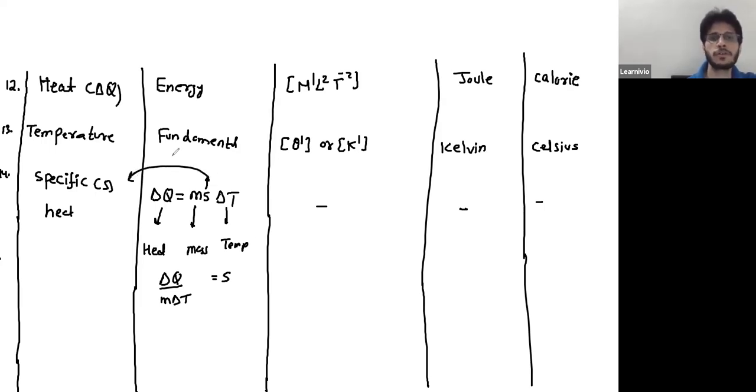The SI unit of all energies is joule, including heat energy. But the CGS unit of all energies is erg except heat energy, which is calorie. So except heat energy, the CGS unit of every type of energy is erg. Only the CGS unit of heat energy is calorie. Okay, sir. Thank you, sir.